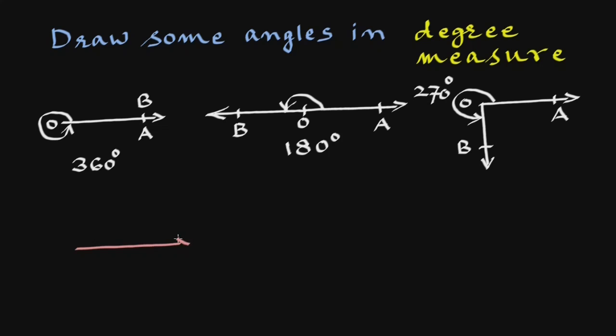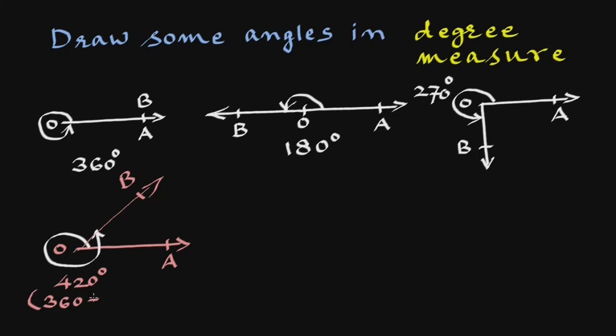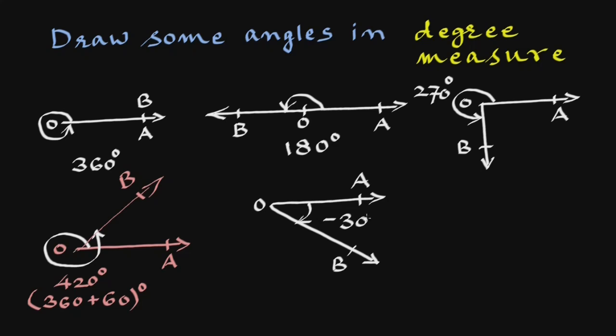When the initial side OA, after completing one rotation, moves ahead to assume terminal position OB, then measure of this angle is 420 degrees, that is 360 plus 60. If initial side OA is rotated clockwise to take a position of OB, this angle is minus 30 degrees, and it's because of clockwise rotation.